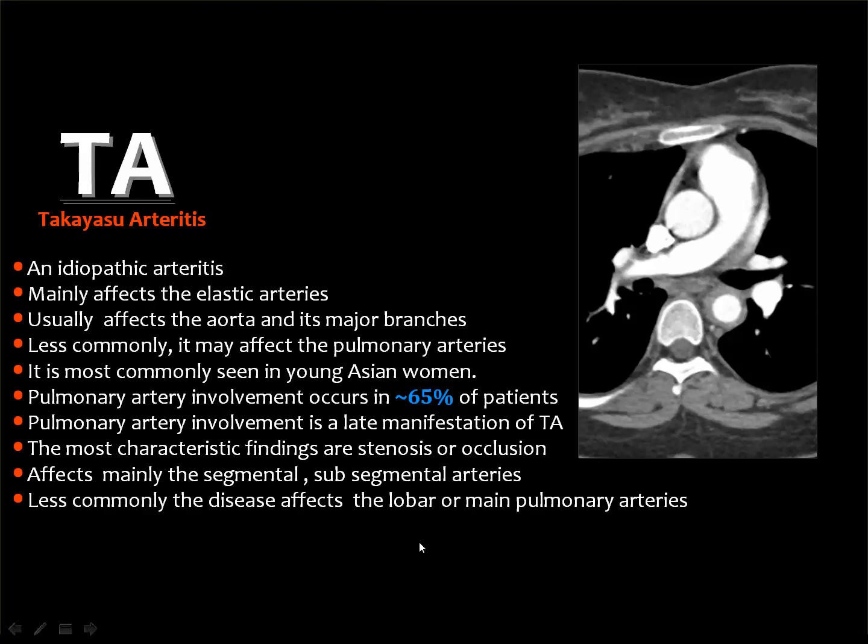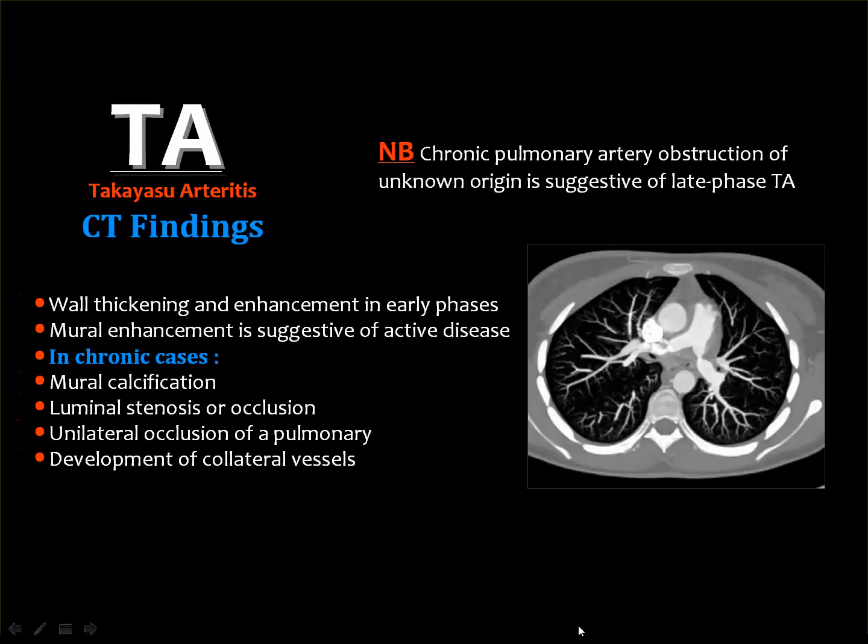The most commonly affected vessels are the aorta and its major branches, especially the subclavian arteries. The pulmonary artery may also be involved. The appearance of Takayasu will be in the form of diffuse circumferential soft tissue density, representing the inflammation of the vessel wall. This can be seen in the descending aorta and also in the right main pulmonary artery.